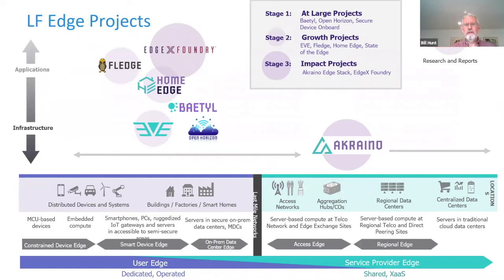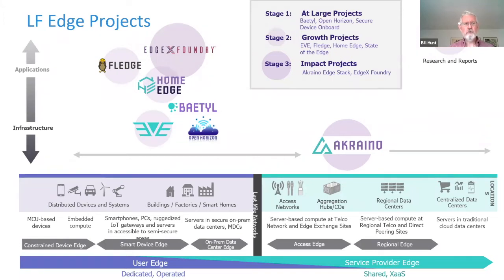Hi, everyone, and thanks for showing up, and thanks to LF Edge for hosting this. So first, I want to talk a little bit about LF Edge. The Linux Foundation is the largest open source consortium out there, and they're responsible for Linux, Kubernetes, and a number of other valuable projects.